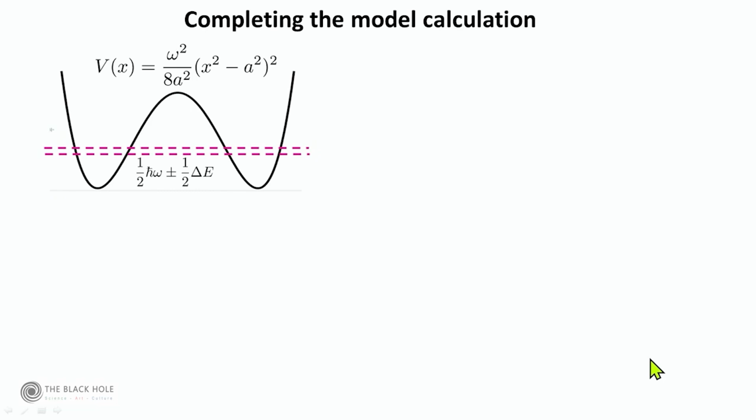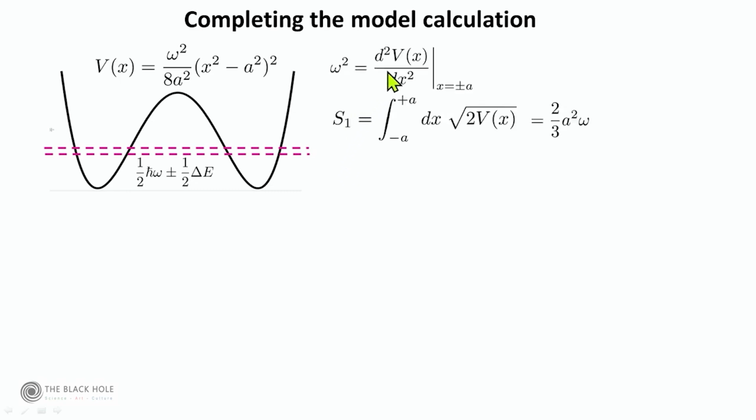My final slide will be this. So suppose your V of x was this model potential, x squared minus a squared, squared. Then here are the two states, positive parity, negative parity, and well, omega squared, of course, you just take the second derivative of this, that is omega squared.